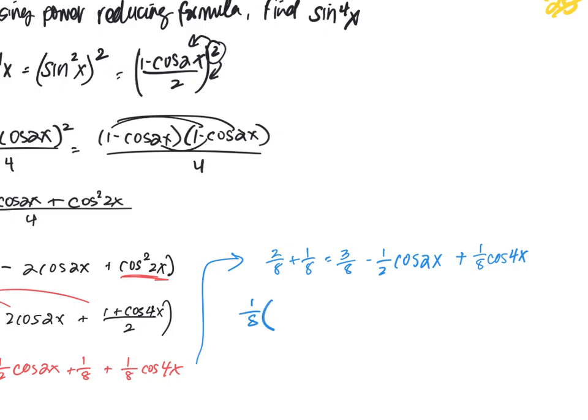And then I can take out an 8, or 1/8. And I'm left with 3 minus 4 cosine 2x plus cosine 4x.